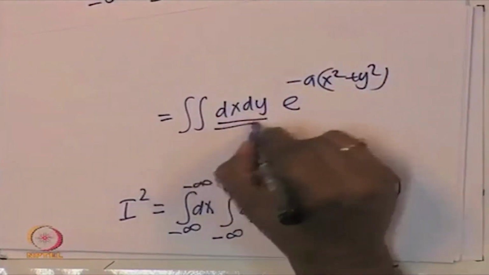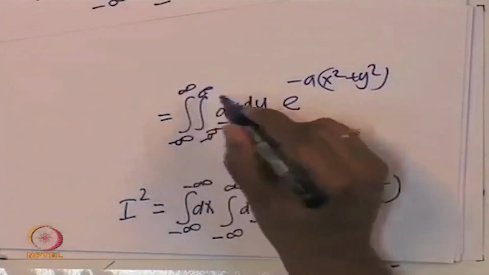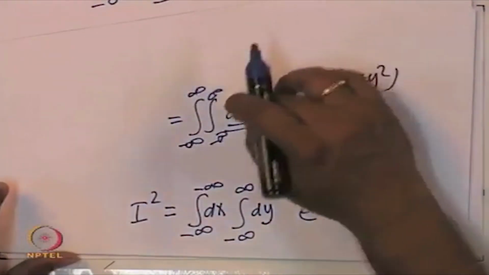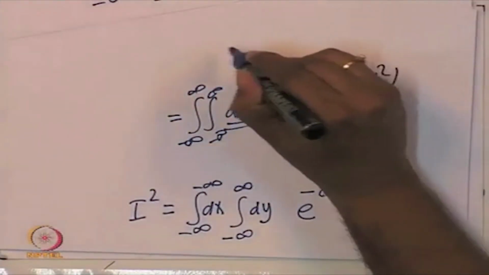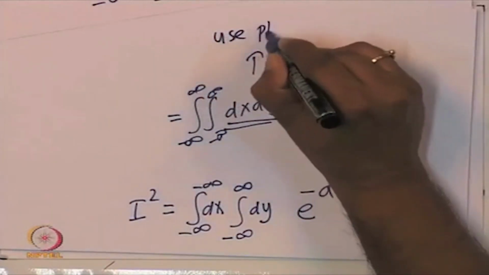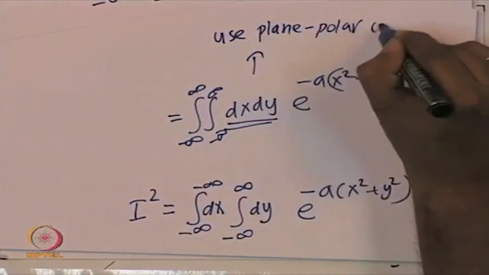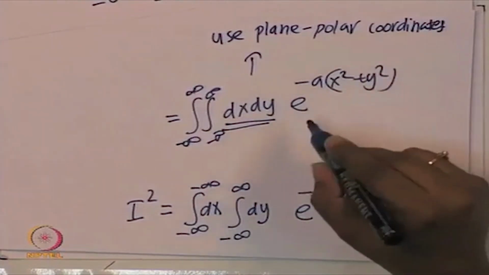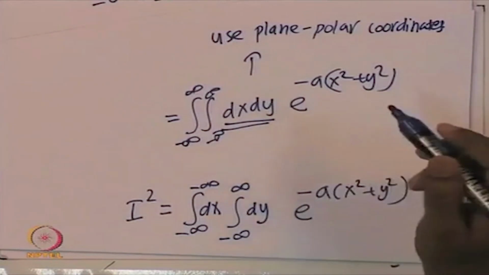Now, this integral is over a plane, x and y. Anything in a plane can be described either by Cartesian coordinates x and y, or you can also use plane polar coordinates, that means r and theta instead of x and y.